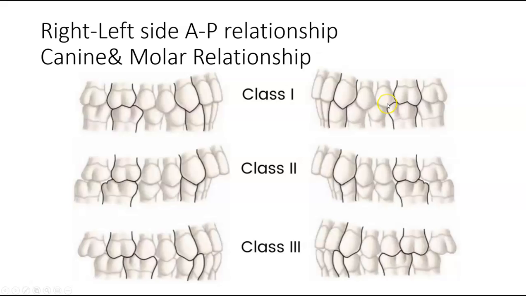Here you see the half a cusp is forward, the bottom from the top, and half a cusp here is forward from the canines. Now everyone always asks, why in the world would the lower teeth be in front, yet the upper teeth be over the lowers? And the simple explanation is the front two teeth of the uppers are really wide, and all four bottom teeth are really small.